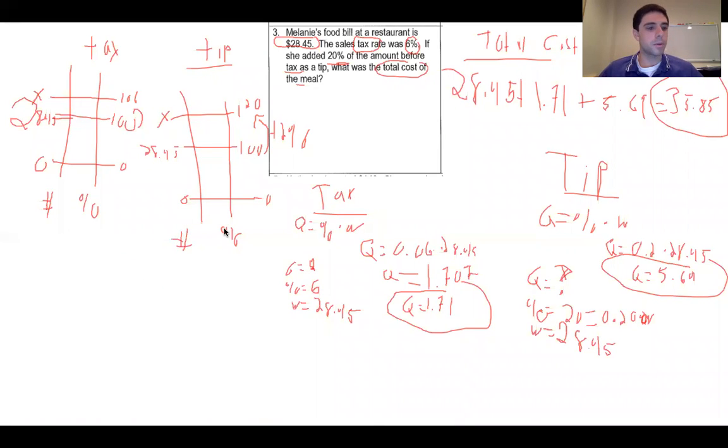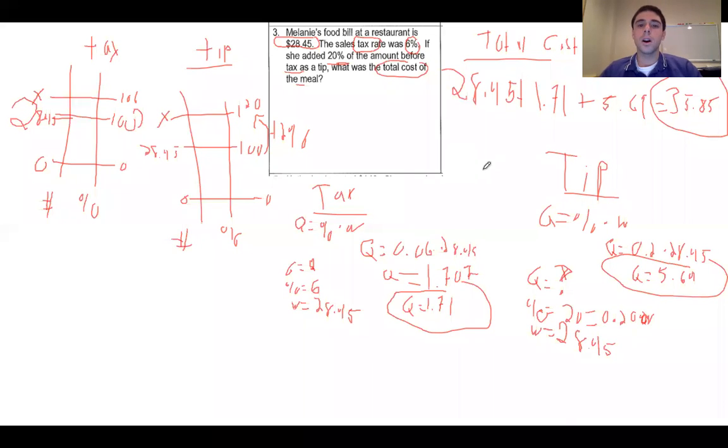Our answer is that tax is on the actual cost of the bill, not on the tip. Alrighty, so our final answer is $35.85.